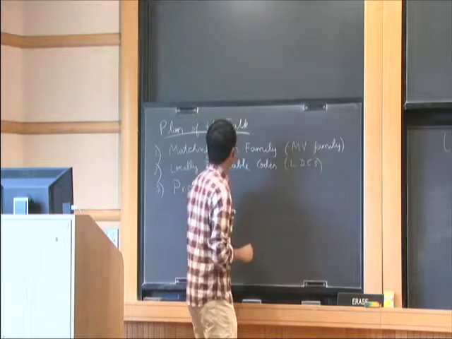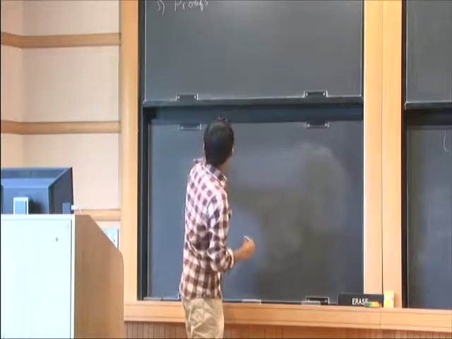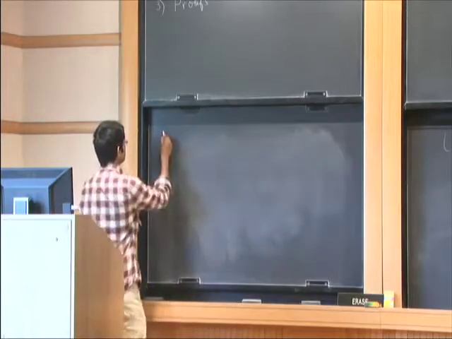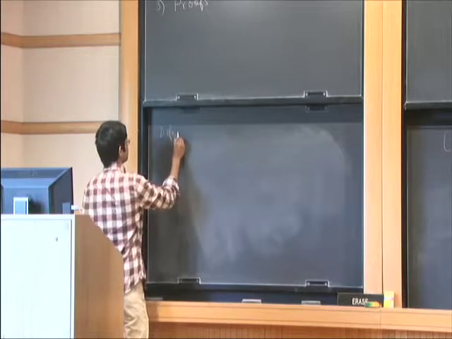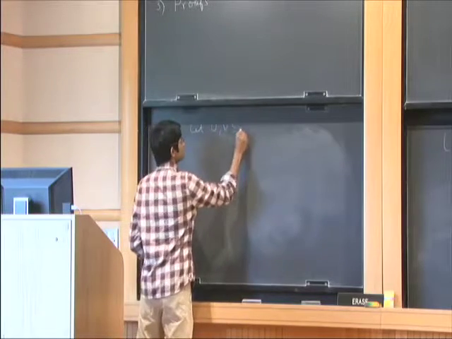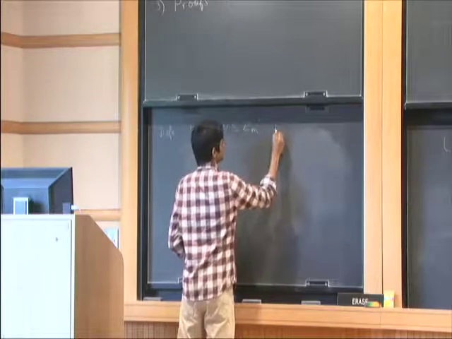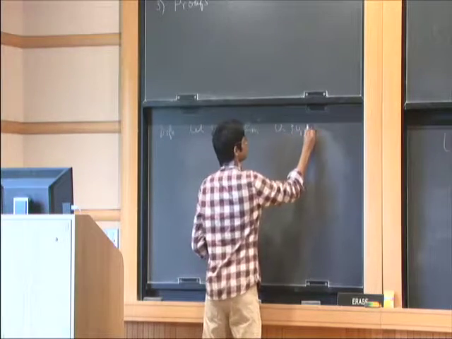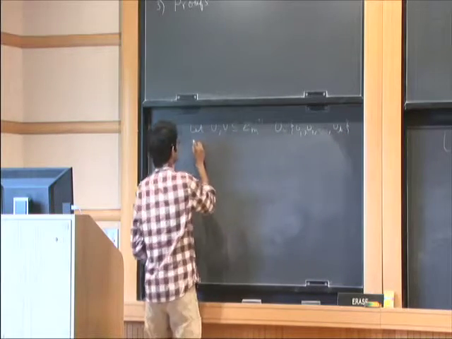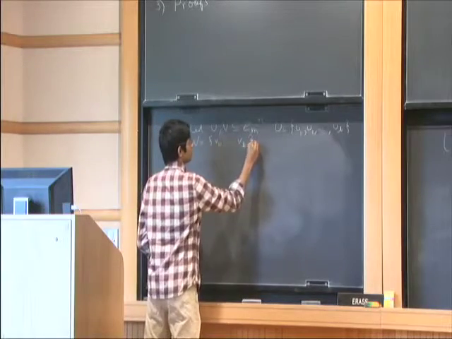Okay, so what is a matching vector family? Take two subsets U and V in Z_m^n of the same size. Let U = {u1, u2, ..., uk} and V = {v1, ..., vk}.